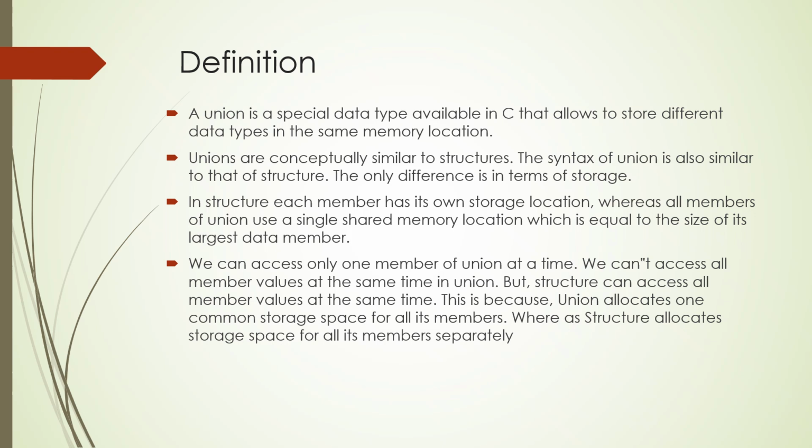This means that a union can store only one value at a time. Even though multiple members are defined, only one member can hold meaningful data at a given moment. This feature makes unions memory efficient, especially in situations where we do not need to use all data members simultaneously.